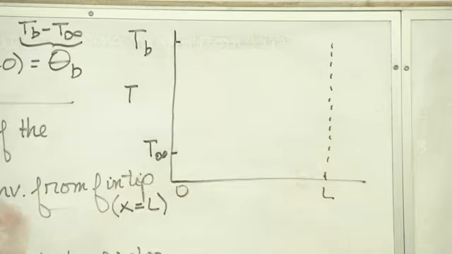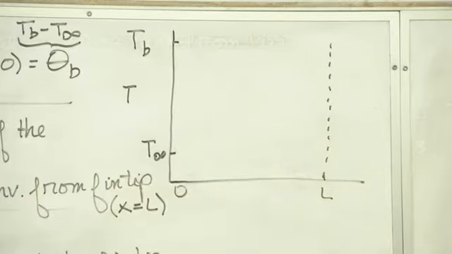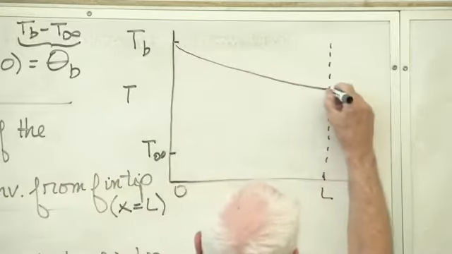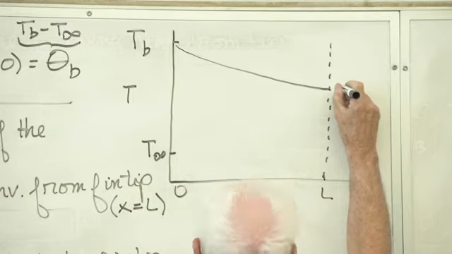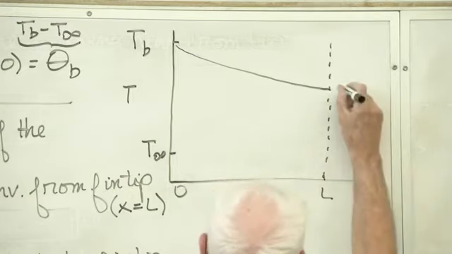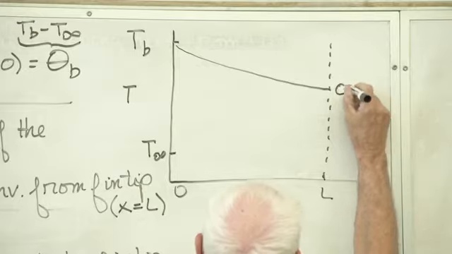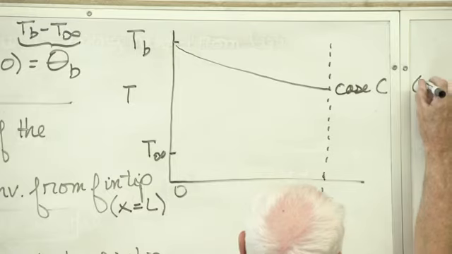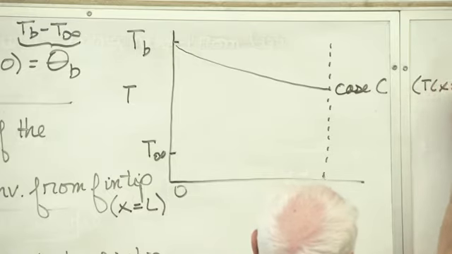I'll take up on top here case C. This is where the temperature at the fin tip is a given temperature. T at x equal L equals a given temperature, T1, say.